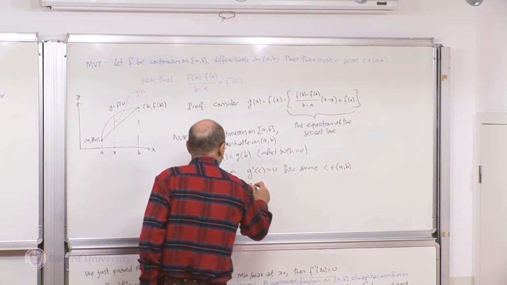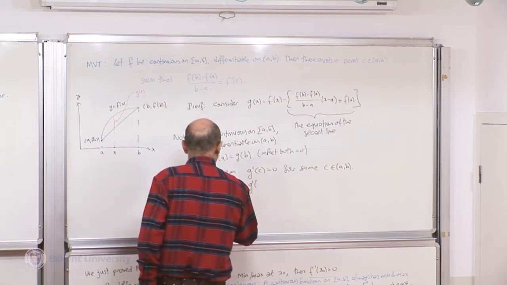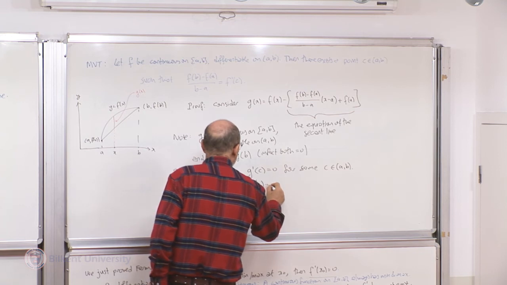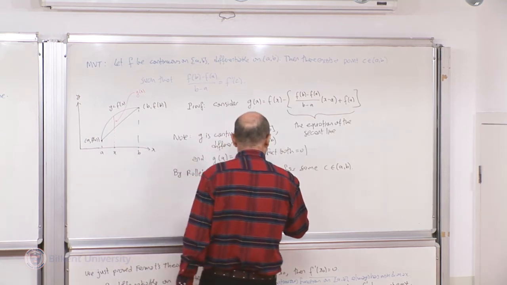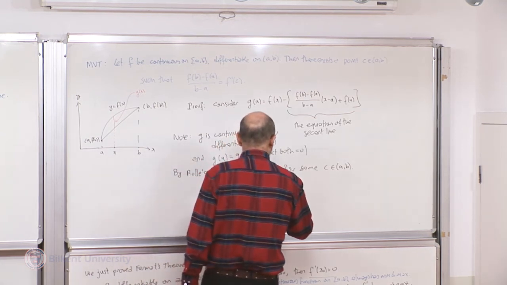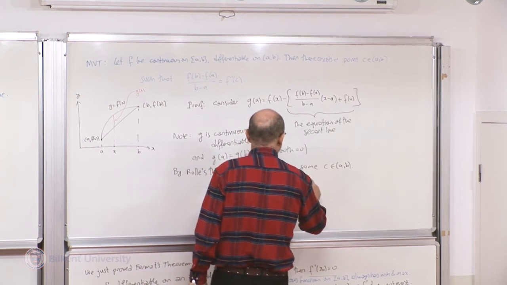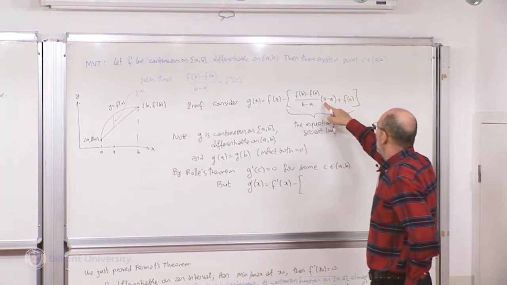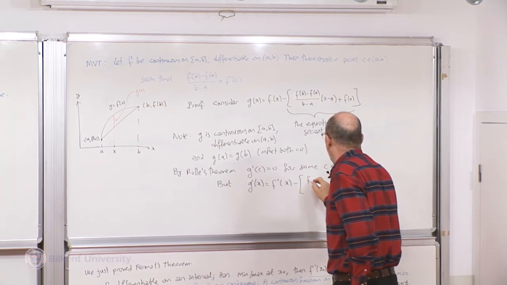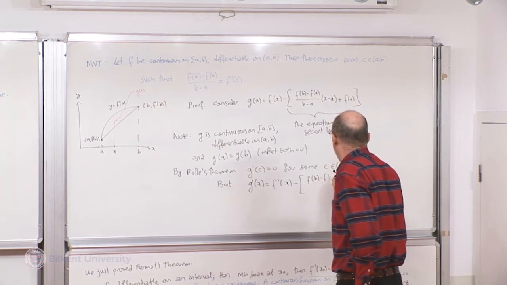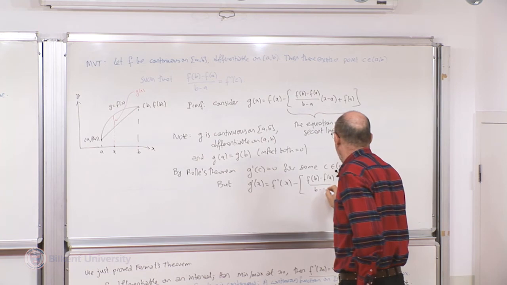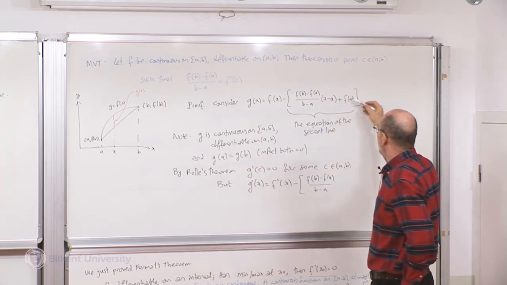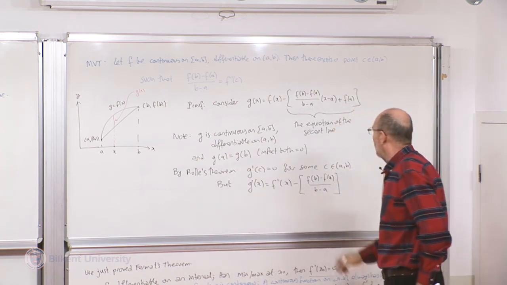So, okay, let me take the derivative. The derivative of this is f prime x minus, if I take the derivative of this, f of b minus f of a over b minus a, and this is a constant, so its derivative is 0.